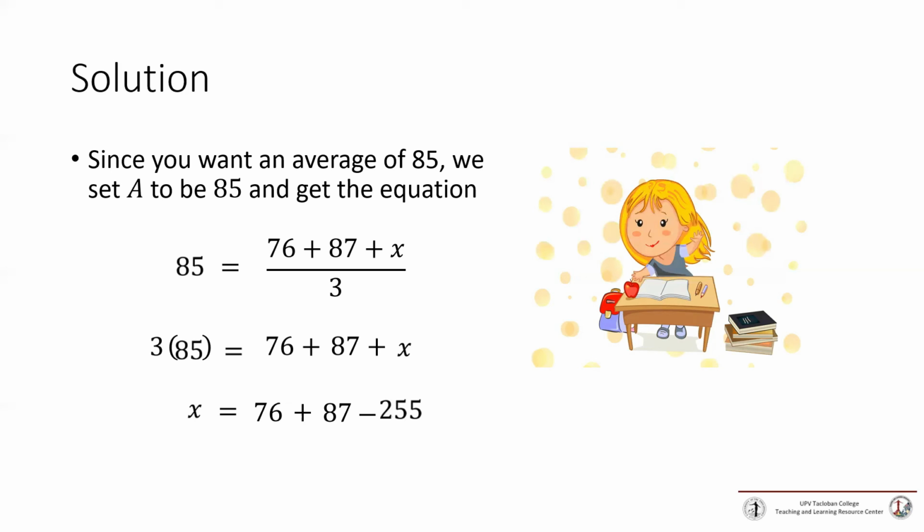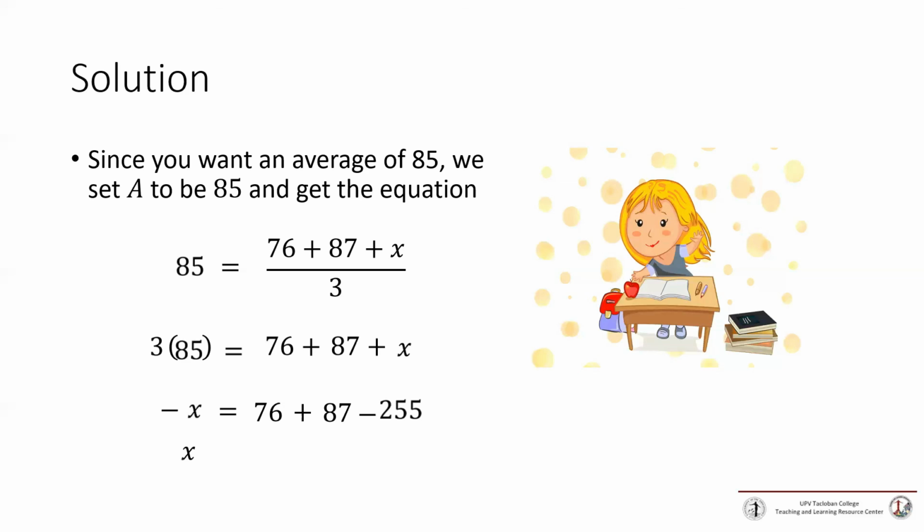That's why we have X is equal to 76 plus 87 minus 255. And since X is transferred to the left side, the sign becomes negative, but actually we are subtracting X from both sides. That's why we have negative X is equal to 76 plus 87 minus 255.